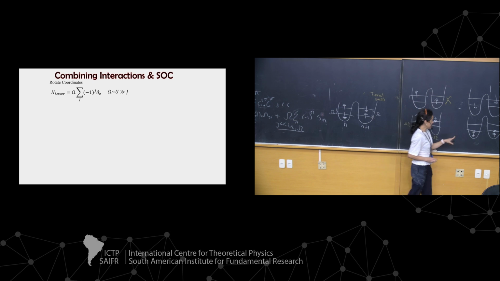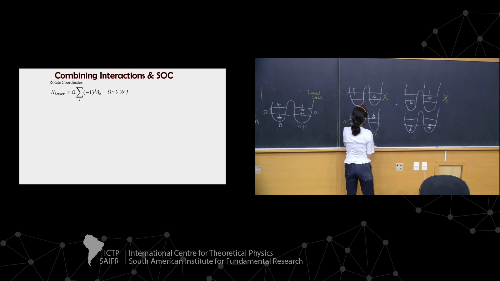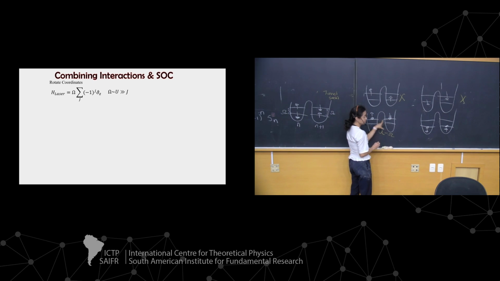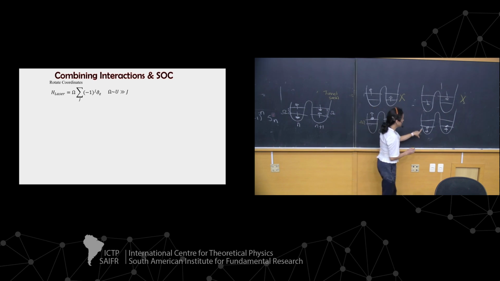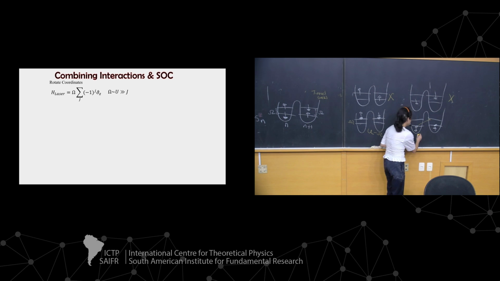Now, in the other case, if I'm going to do something like this, well, it's the same. Yes, you are always going to get that. Now in these other configurations, when you are going to have something like this, what happens? If this goes here, then you are going to increase your energy by U, but now you are also going to increase your energy by omega.